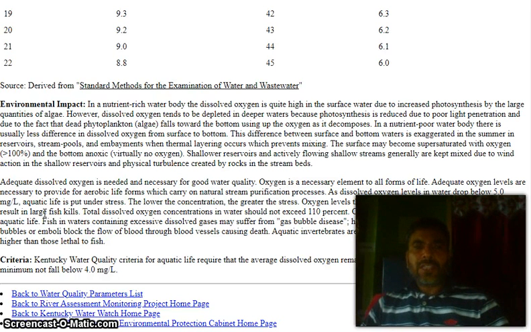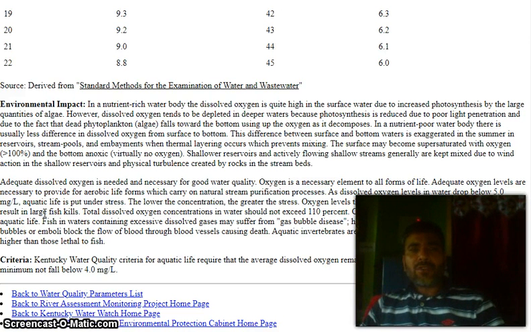In a nutrient-rich water body, the dissolved oxygen is quite high in the surface water due to increased photosynthesis by large quantities of algae.